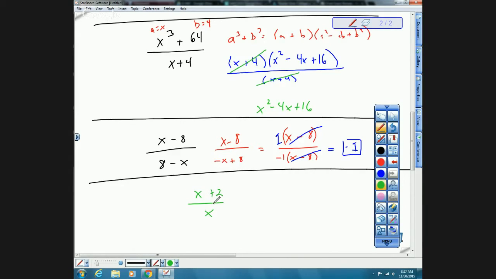So this is x divided by x and 2 divided by x. So I can't just pull that out and cross it out. All 3 terms have to share something in common. Or if you have something like this, no, that's as simplified as that gets. You just leave it like that.